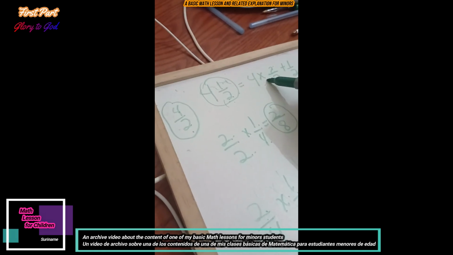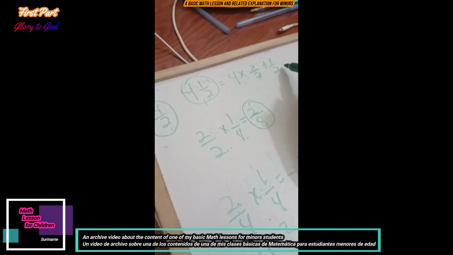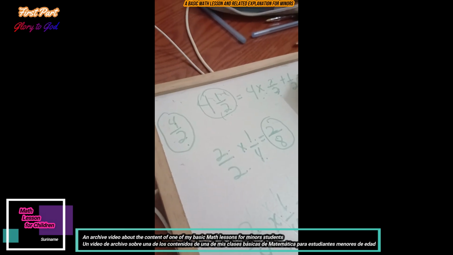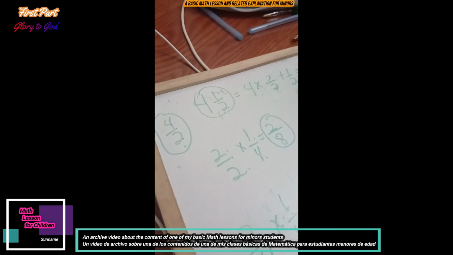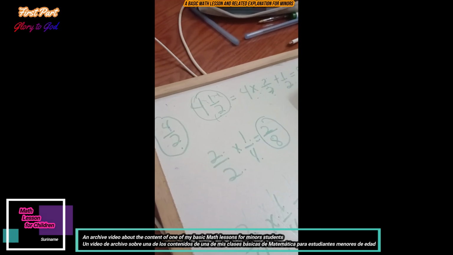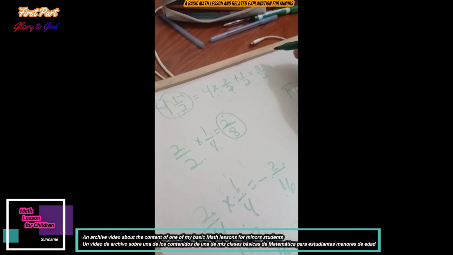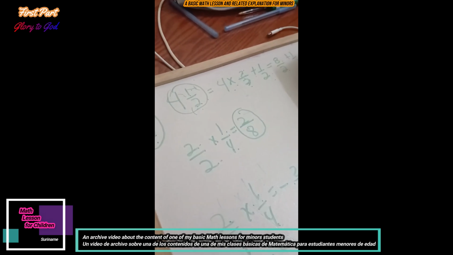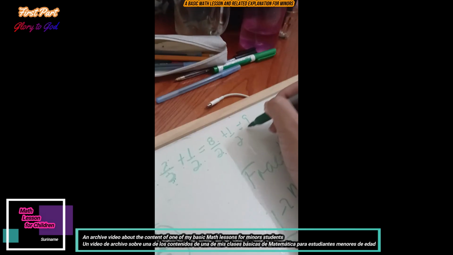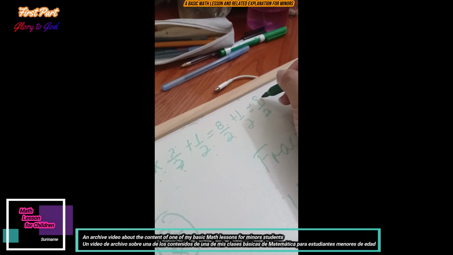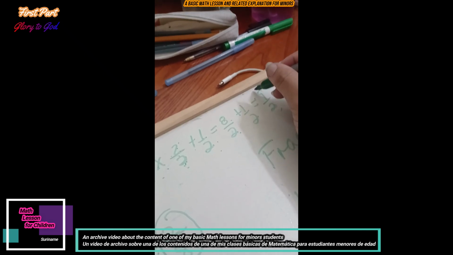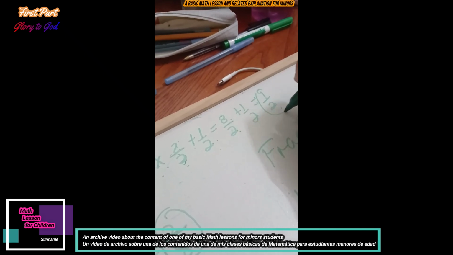So 4 multiplied by 2 is 8, plus 1 gives us 9/2. And you see, this is an improper fraction, so we cannot leave it just like that.